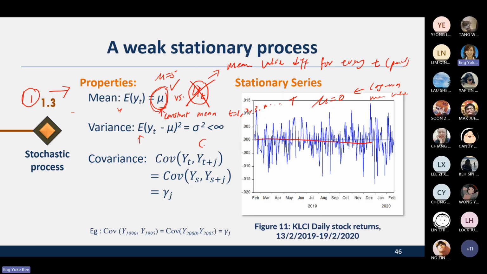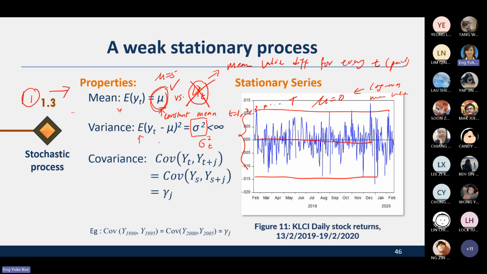Again, you don't see these things change. Variance is the same over time. So this magnitude here stays within a constant bound.